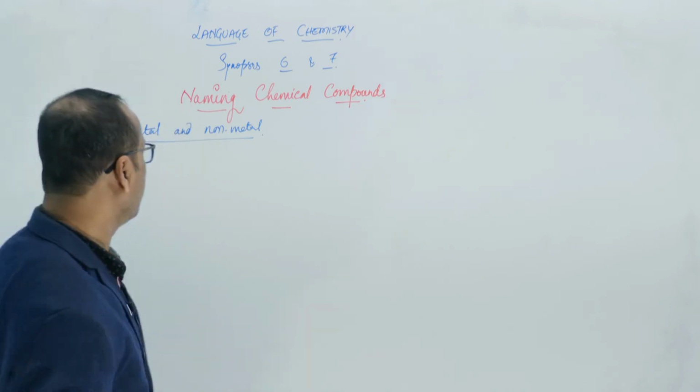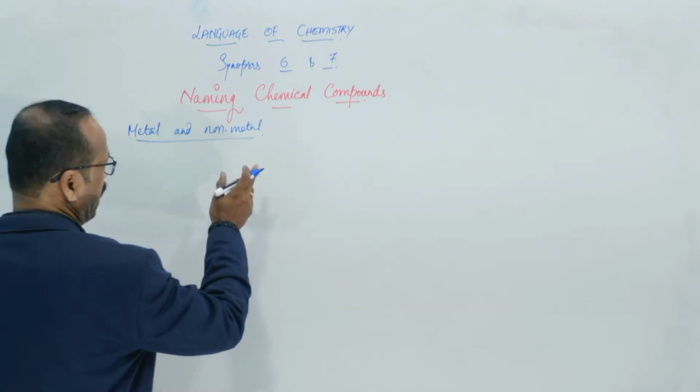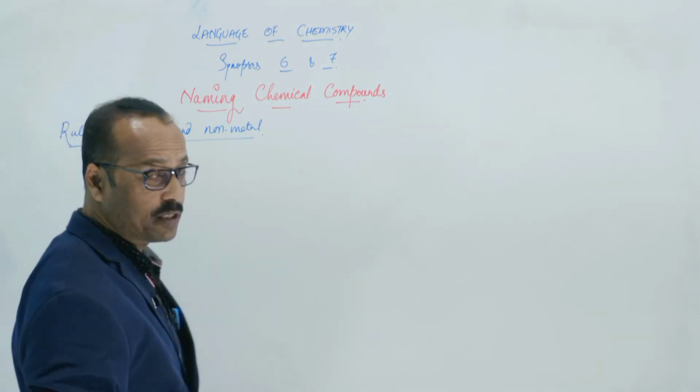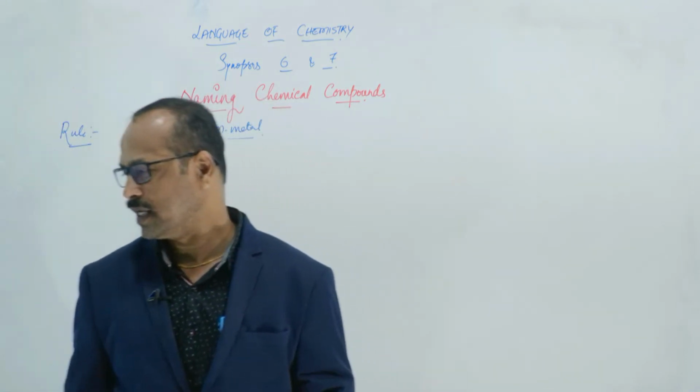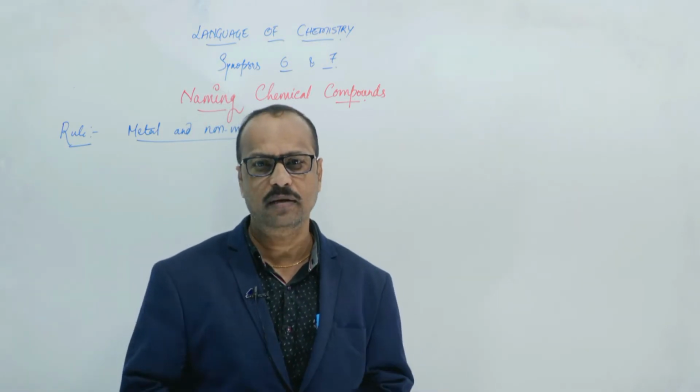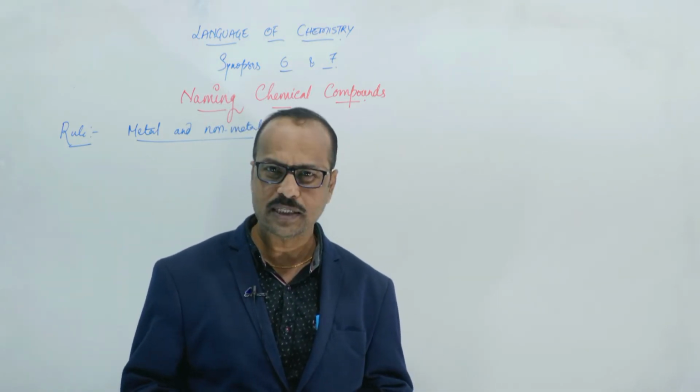Then how to give the name? And in that also metal and non-metal are there, and say that is a binary compound. Binary means what? Only 2 elements are there, one metal, one non-metal. Then how to give the name? So very simple, students.